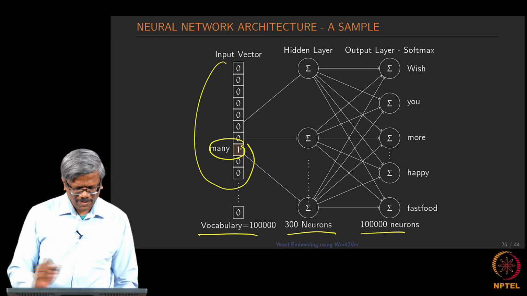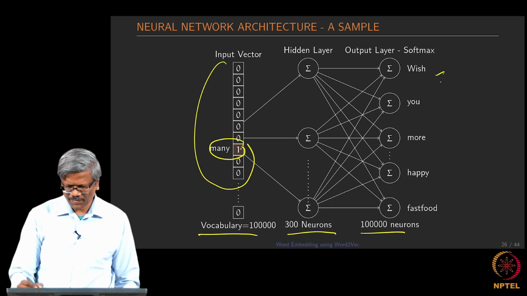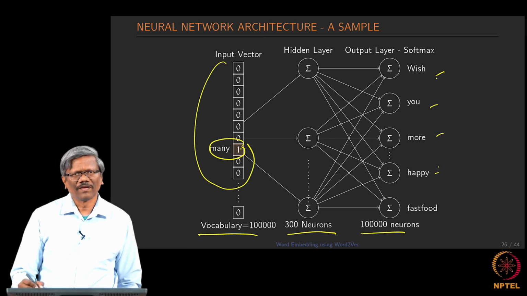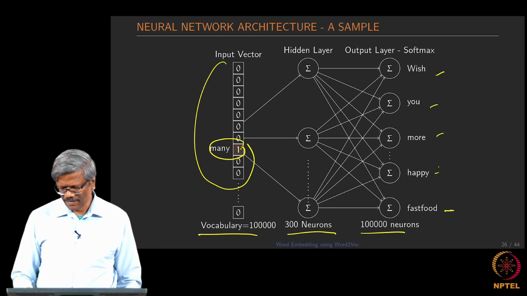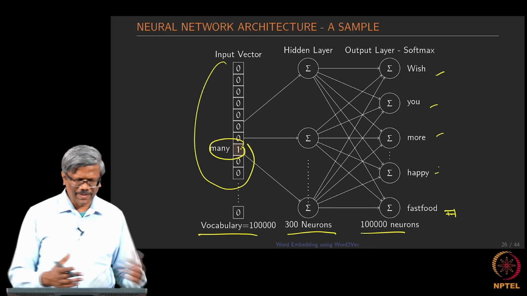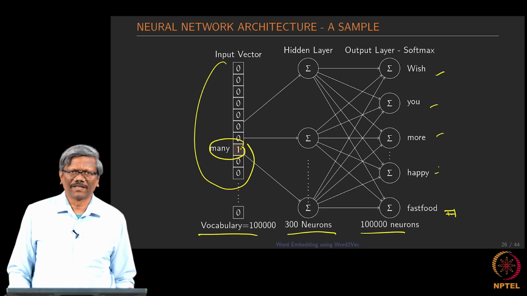So, when you input this, we expect this to provide you the context, and these values would be higher than the fast food that you find at the bottom. So, this is how we actually capture the context and the input word properly.